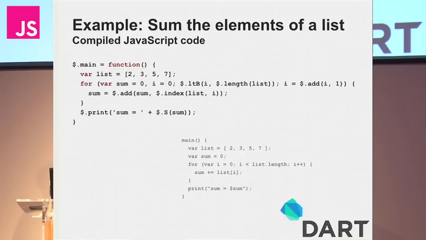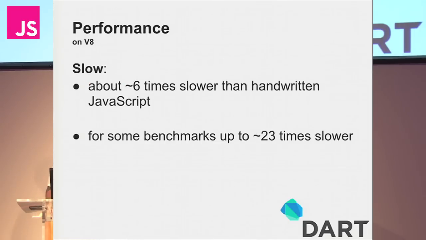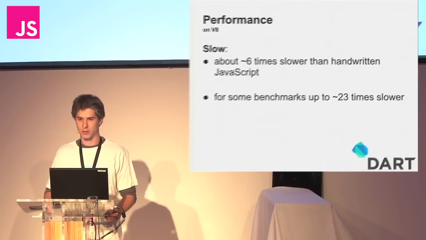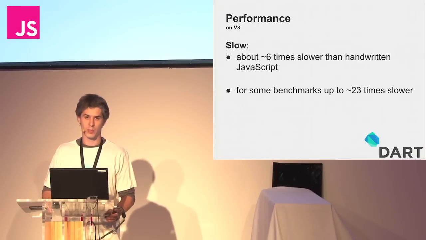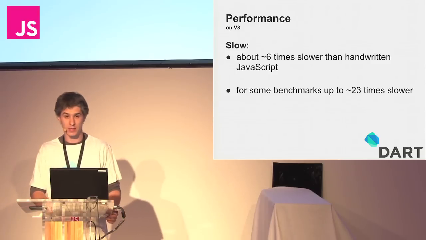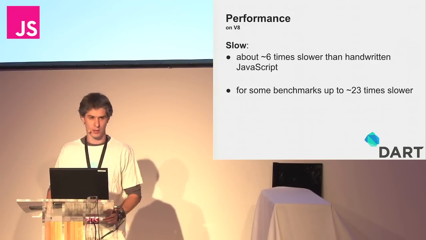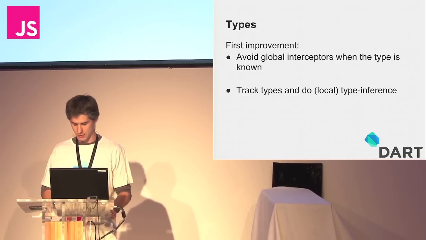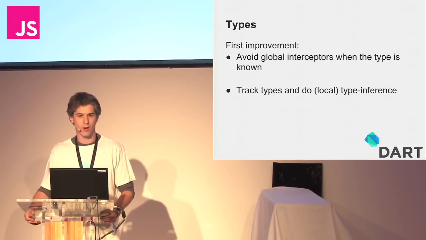And that works. The only problem is that it's very slow. If you do it this way, you have a slowdown of about a factor of 6 compared to handwritten JavaScript code on V8. And in some cases, it even goes down to 23 times slower than handwritten code. And there are some really obvious improvements.